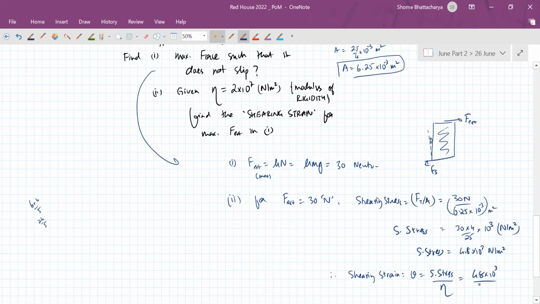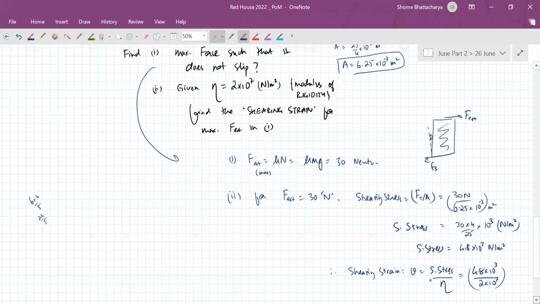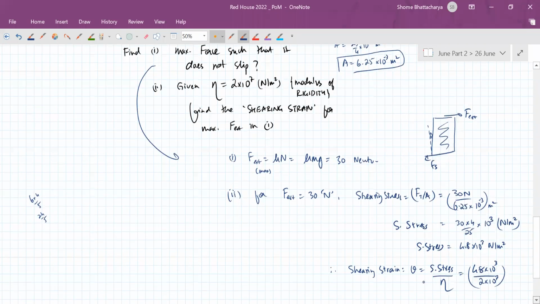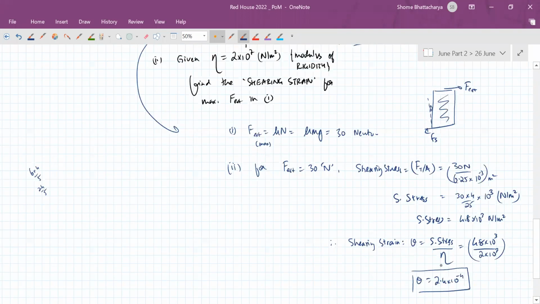So modulus of rigidity is... any strain is a dimensionless quantity, as you know.